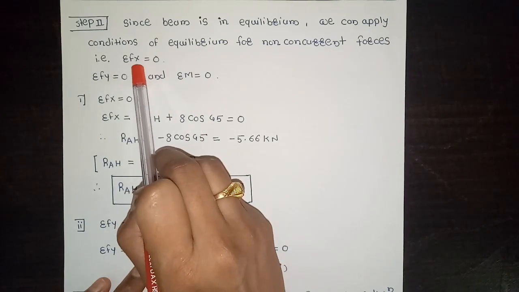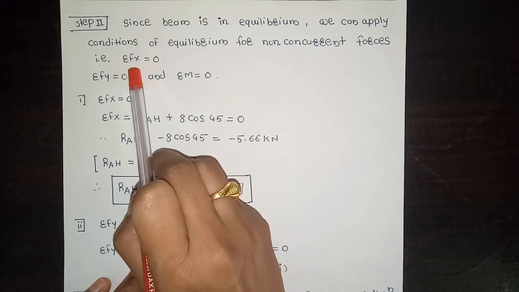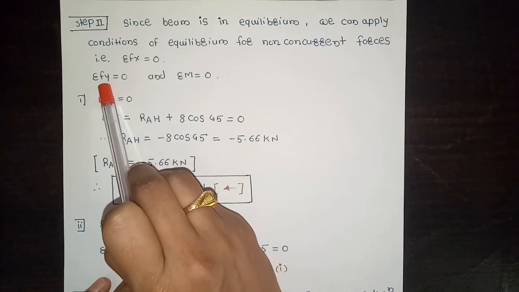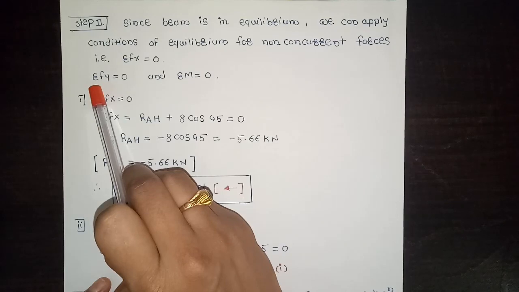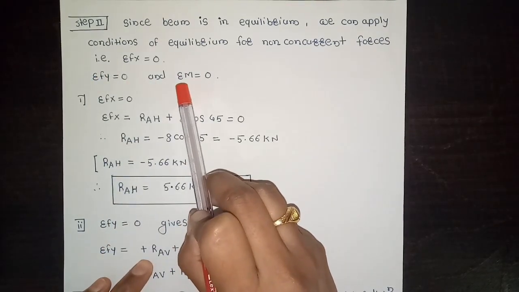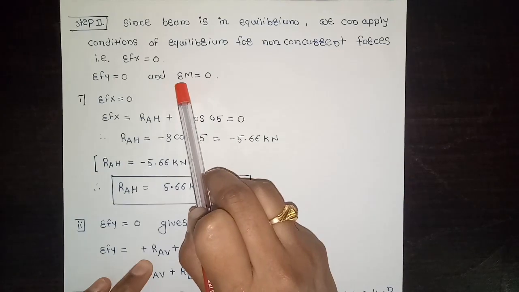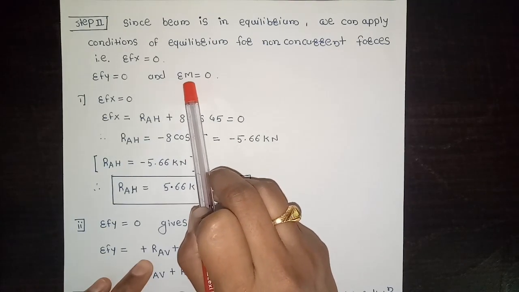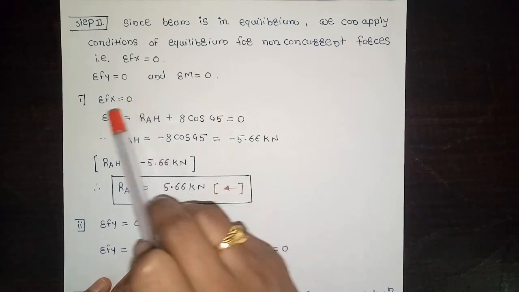Summation Fx is the algebraic sum of all x components, summation Fy the algebraic sum of all y components, and summation moment the algebraic sum of all moments, either clockwise or anti-clockwise, is equal to 0.